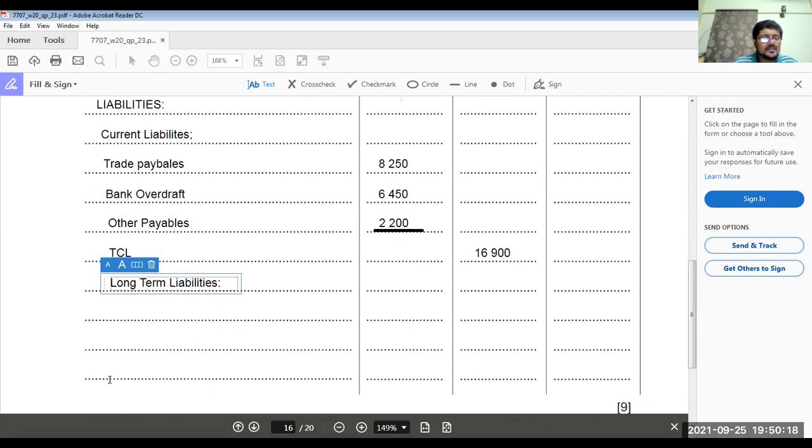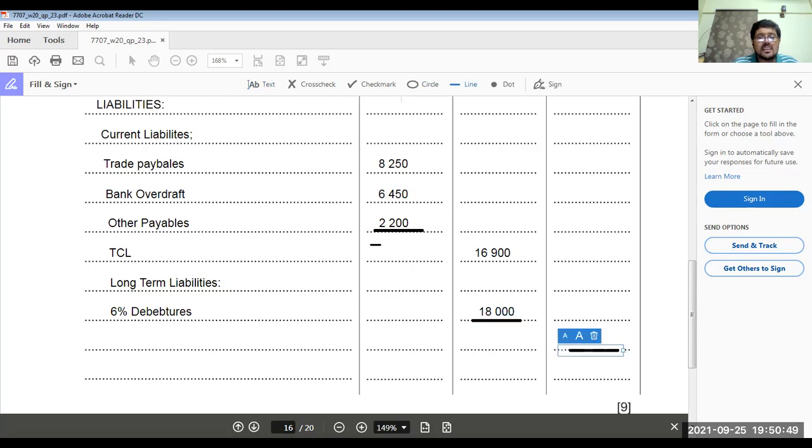Long-term liabilities, I think we have only one long-term liability, 6% debentures. Yeah? 18,000. So the total liabilities, current and long-term, we will report here.